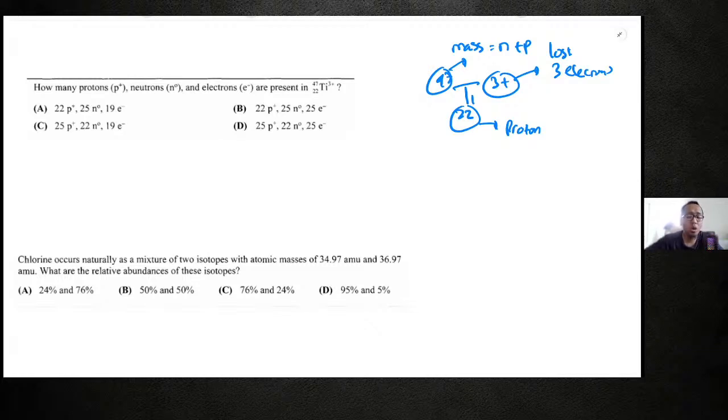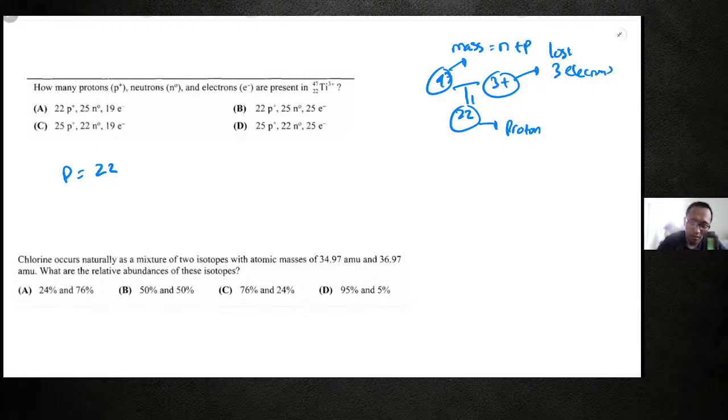As long as the charge is plus, we can conclude easily that the proton remains the same, not changed. So how many proton? Exactly the same, because the charge is positive, so it should be 22.